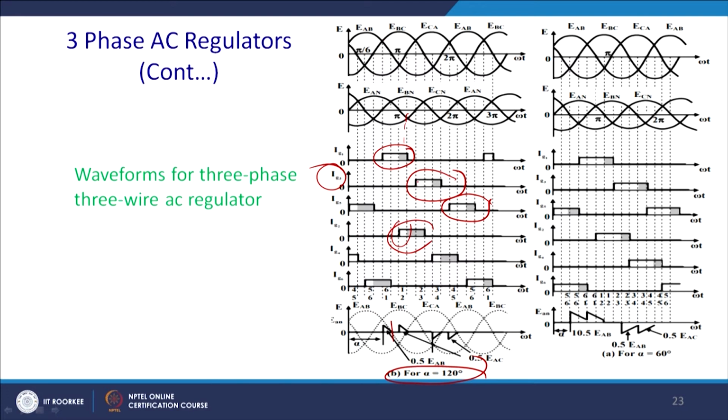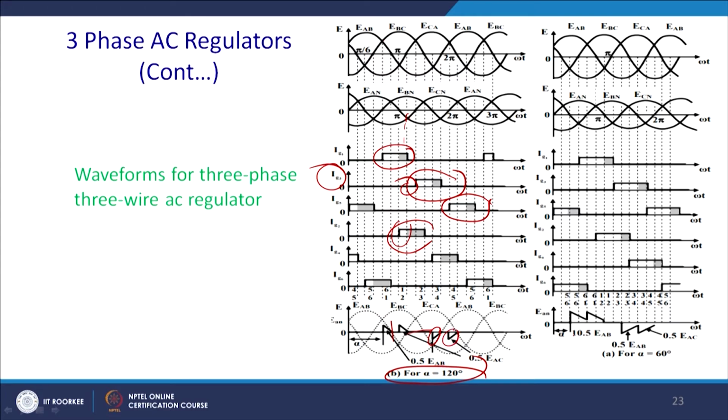Since in this duration no thyristor is conducting, there will be a gap. Thereafter there will be a pause of 120 degree where no thyristor is conducting. Thereafter again these spikes will come and you will get these voltages.